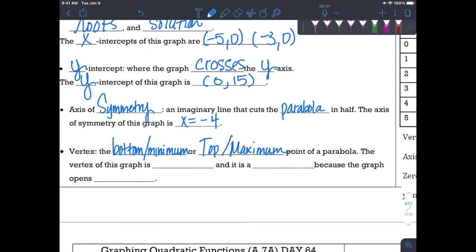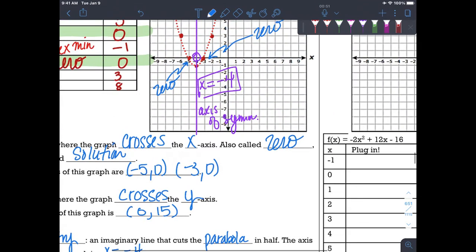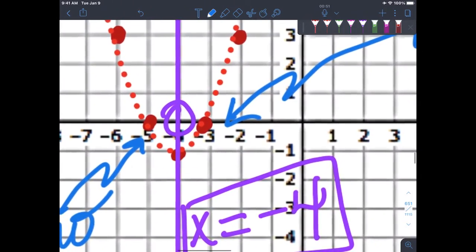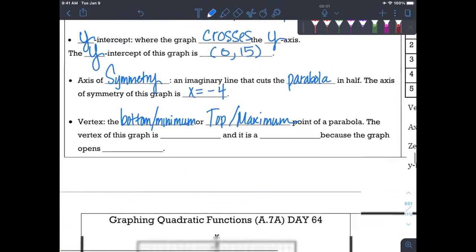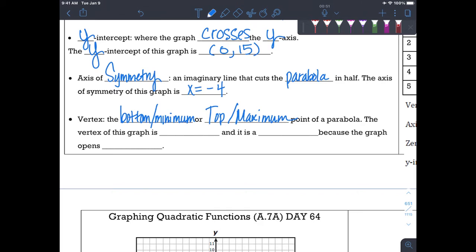The vertex of this particular graph was located at (-4, -1). So let's write that in. And it is a minimum. It was at the bottom of the graph, because my graph opens upwards. So if it opens upwards, I'm going to have a minimum. If it opens downwards, I'm going to have a maximum.